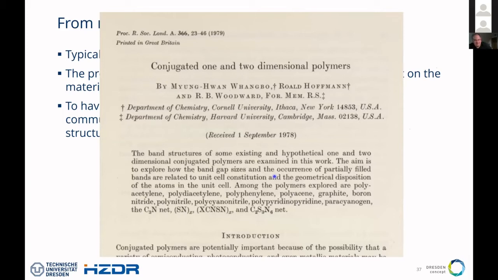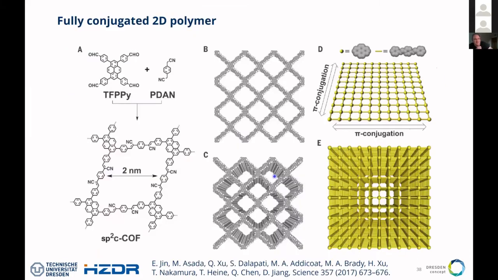They were suggesting that already in 1979. But the first one that was really published was the paper with Dongyin Zhang in 2017. And at the same time, the group of Jinyang Fang had a very similar paper. So here we get fully conjugated networks. That now means that in such COFs, we get a band structure.